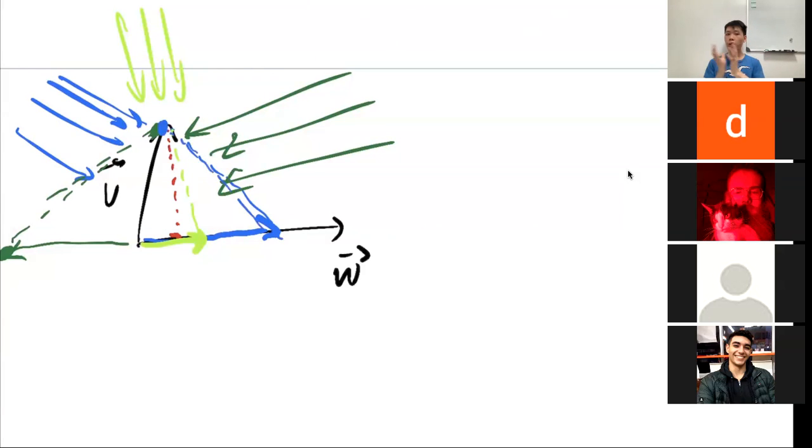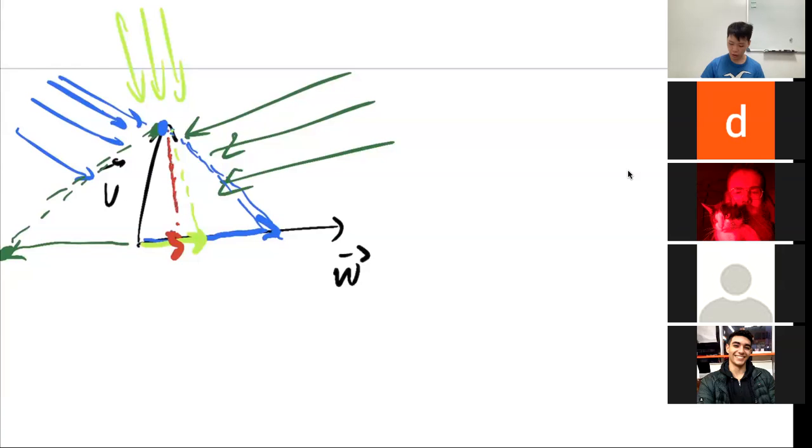So we want to minimize this distance. As an instinct, the shortest distance it can travel is through the perpendicular line. So that's why the red projection is the one that we want.